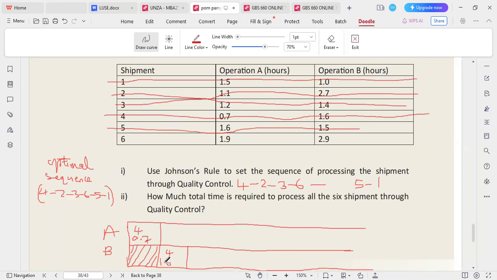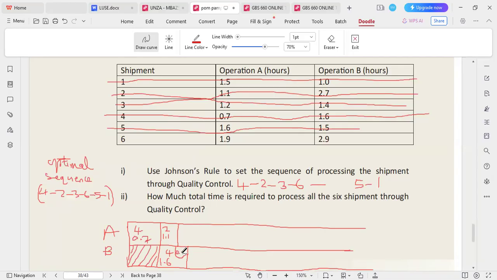So by the time they finish working on shipment 4 in operation B, they would have started working on job 2, which takes 1.1. So here it was taking 0.5 hours longer.